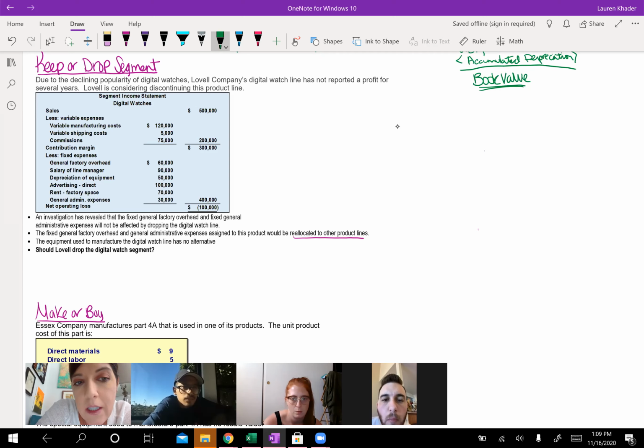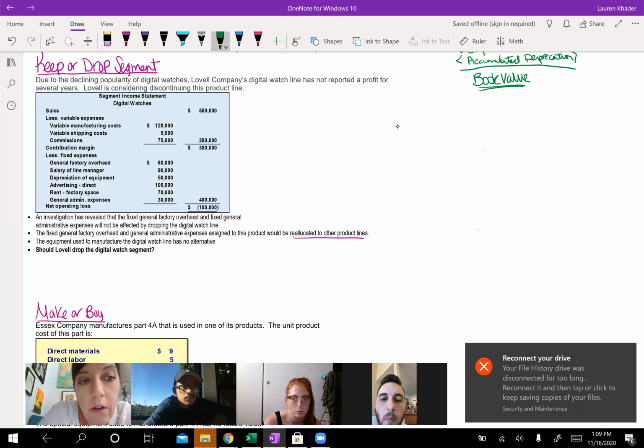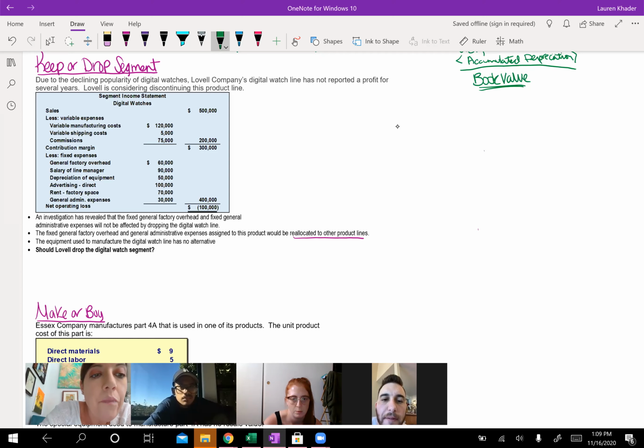They gave it to us in the contribution income statement format, which is going to be the easiest way to look at it. So they have sales of 500,000, contribution margin of 300,000, 3 different types of variable expenses listed here. We have some fixed expenses totaling $400,000. And currently it looks like the company for this segment is operating at a loss of $100,000.